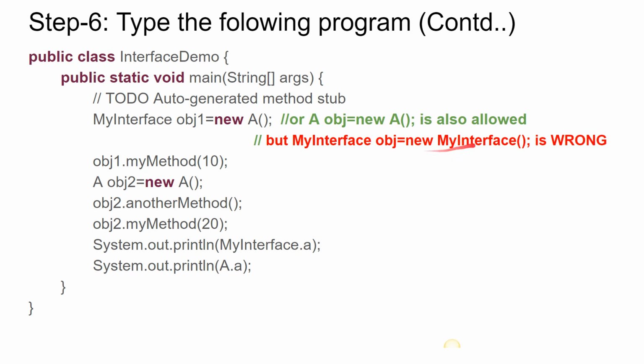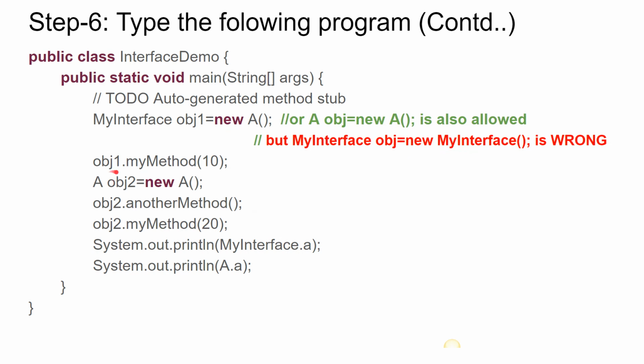New MyInterface is wrong, because I'm trying to create an instance of an interface, which is not possible in Java. But can I declare it? Yes, you can declare it, MyInterface obj1 is fine, but you cannot create an instance of an interface.